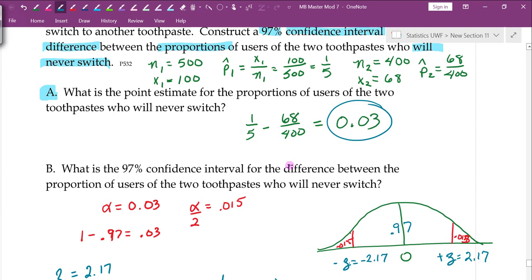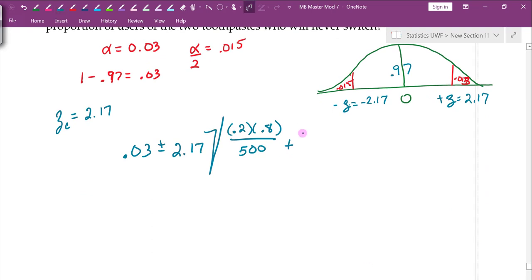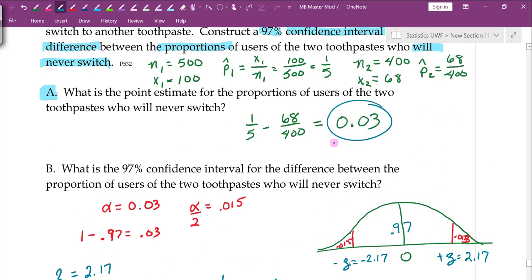So that's nice, a nice even number. So we have 0.17 times 1 minus 0.17, that's going to be q, which is 0.83, divided by 400, if I remember the sample size. Yes, it is, for population 2. And all of this is underneath the radical.